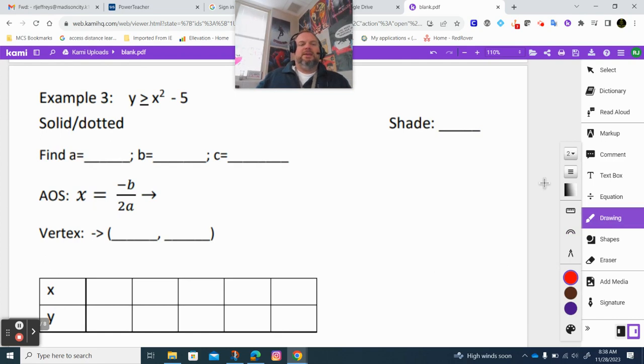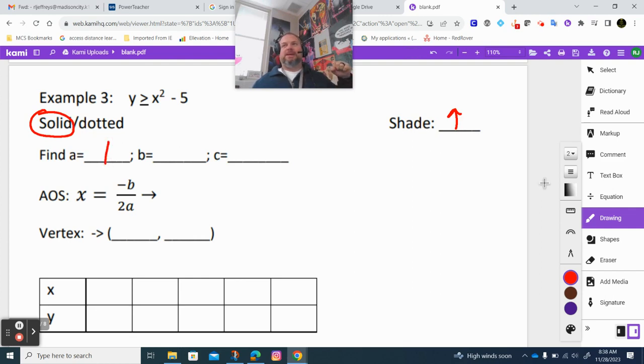All right. Number 3, solid or dotted? Solid. Which way are we going to shade, up or down? Up. Whew. All right. What is A? 1.